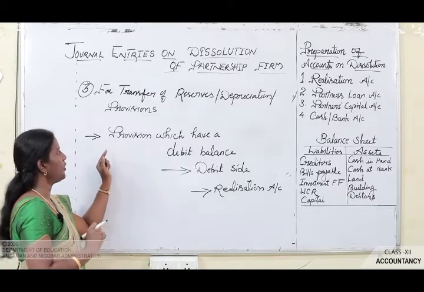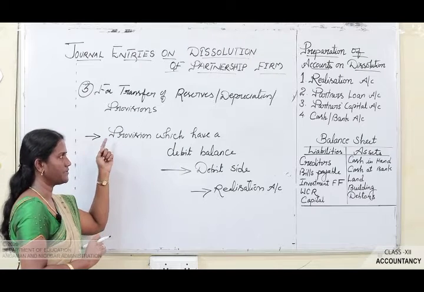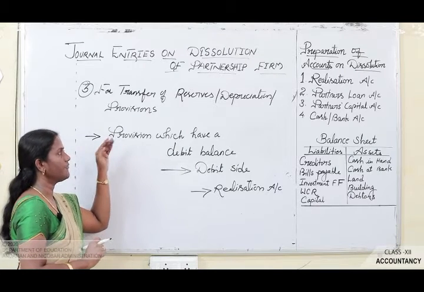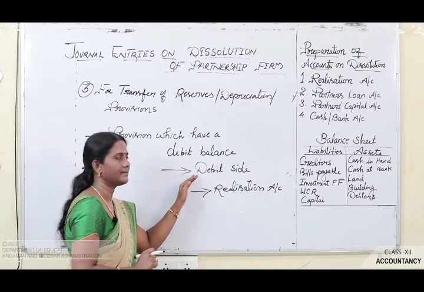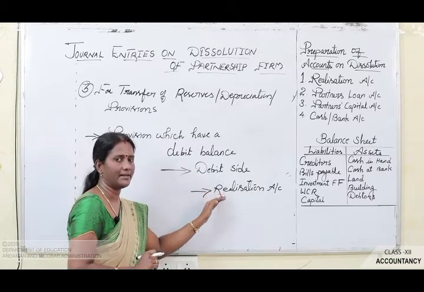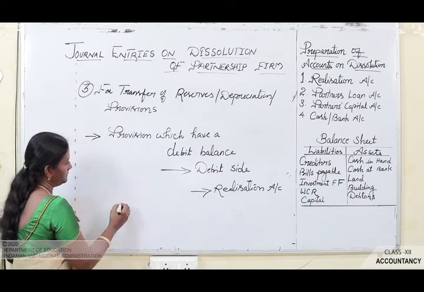Okay, in the same point, in the last point I told provisions which have credit balance. Now if a provision has a debit balance, it will be transferred to the debit side of the realization account.